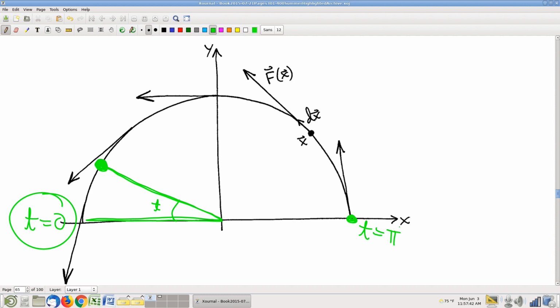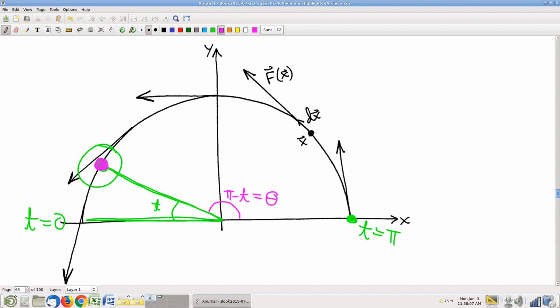Okay, so how do I then describe the coordinates of this point here? Well, that point, theta, is pi minus t. And this point is still, in fact, cosine theta comma sine theta.